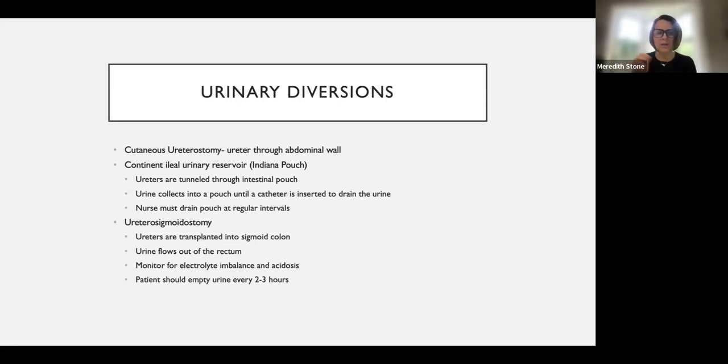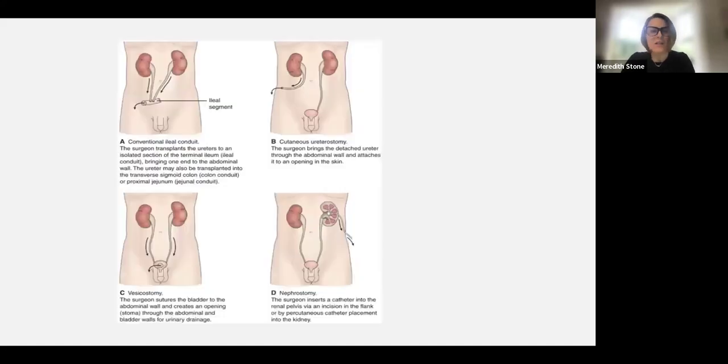So you must then go in and catheterize it and drain it, just like you would if somebody needed a regular catheterization. And then the ureterosigmoidostomy, the ureters are transplanted into the sigmoid colon, and then urine flows out of the rectum. I have to say, I have never seen this myself, but that is an interesting concept.